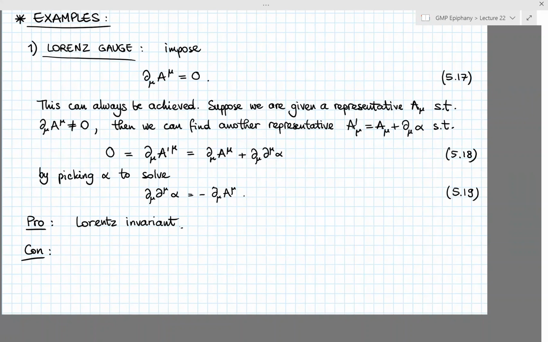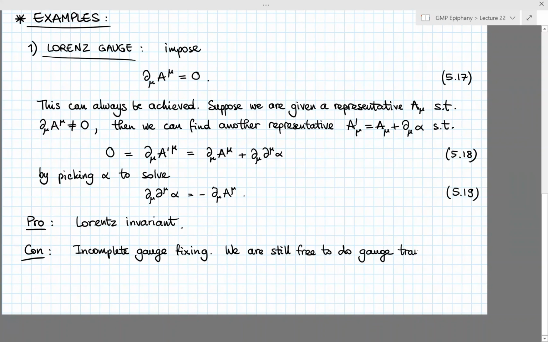On the other hand, the disadvantage of the Lorentz gauge is that this is really an incomplete gauge fixing. So it doesn't single out a unique representative. And the reason is that we're still free to do gauge transformations with the gauge parameter alpha, such that box alpha is equal to 0.